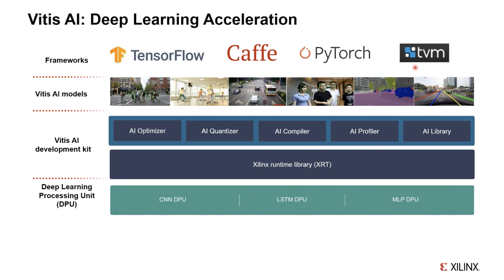We do have an extra parsing front end that we are now supporting in the latest release of Vitis AI. That's the Apache TVM front end. It's not strictly speaking a machine learning framework in the sense that TensorFlow or Caffe or PyTorch are, because TVM does not allow you to do any form of training.